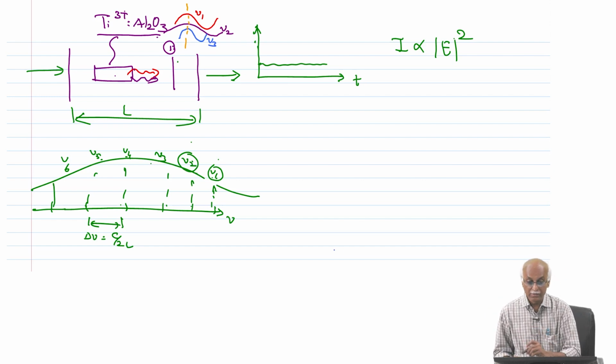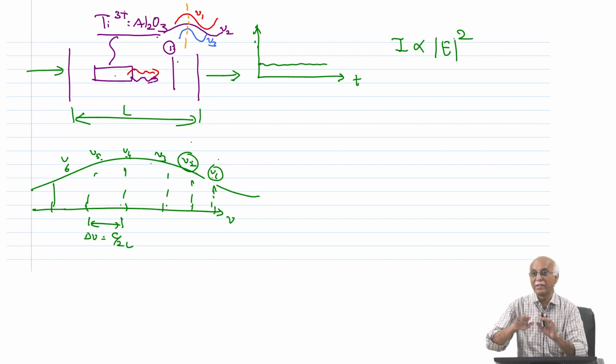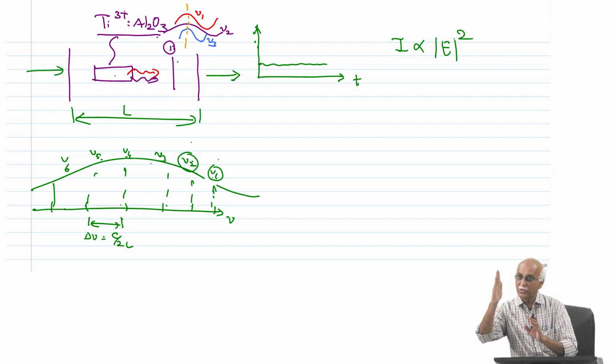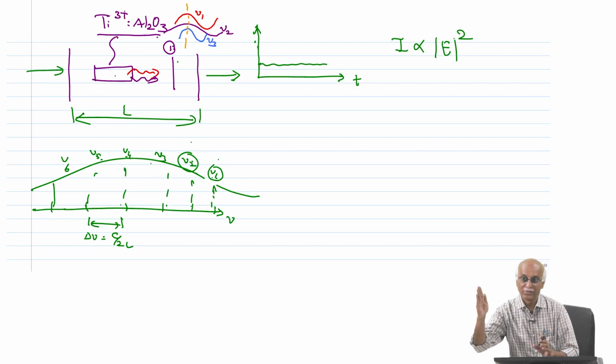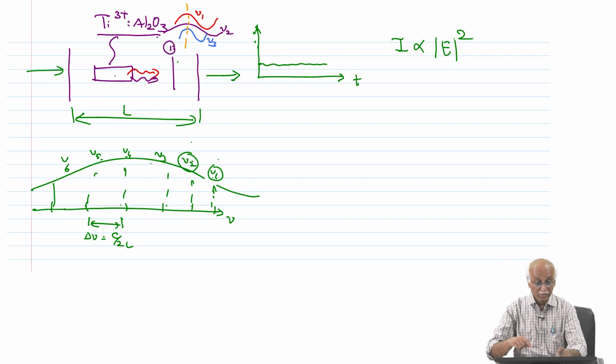And what will happen, this phase as it goes away will change, because the wavelengths are different. So, automatically at one point they are phase matched, but at other points they are all out of phase, but when they complete one round trip they will again be at the same phase, because this cavity will only allow those modes to oscillate which form a standing wave pattern.